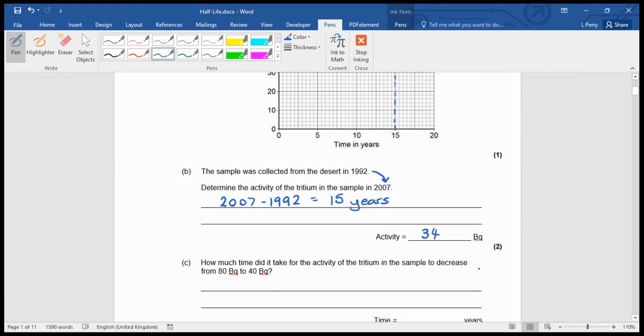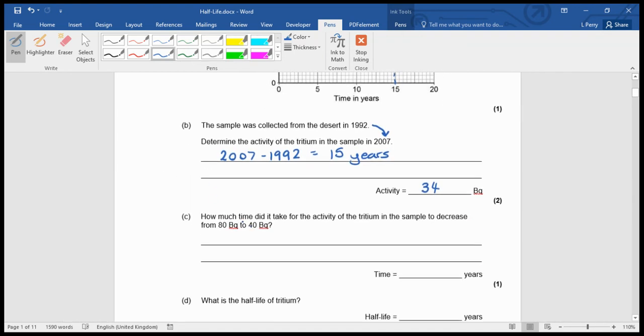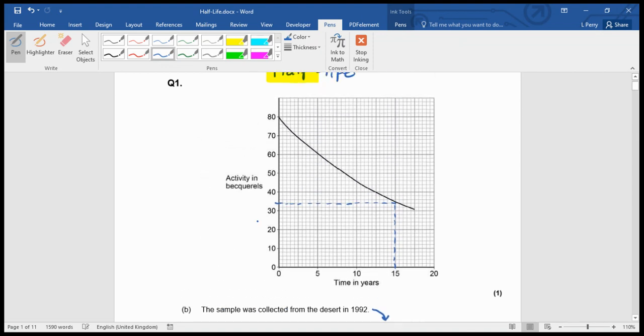Now the question continues: how much time did it take for the activity of the tritium in the sample to decrease from 80 to 40? If I go back to the graph, it starts at 80, so that's time 0.